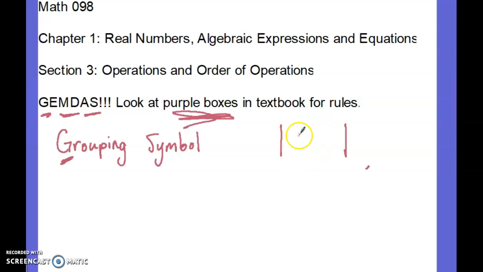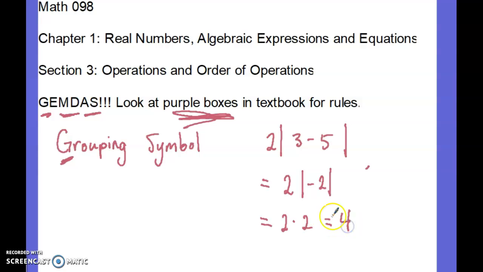So if you see something like 2 times |3 minus 5|, I've seen students try to multiply because they don't consider the absolute value being a grouping symbol or a parenthesis. So in this problem, you do 3 minus 5 first, which is -2. Then absolute value that, 2 times 2, which gives you an answer of 4.